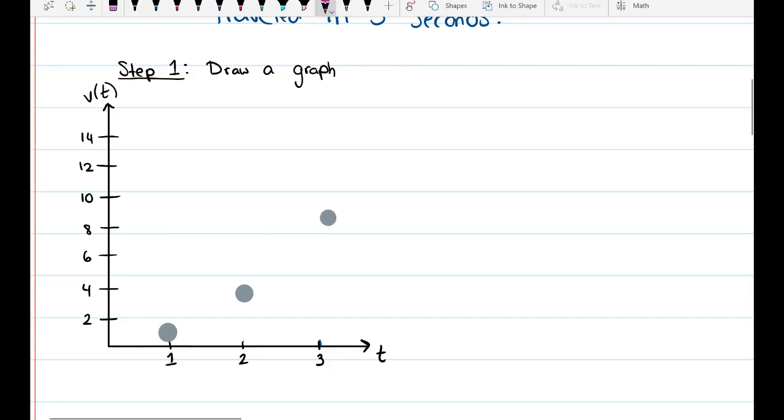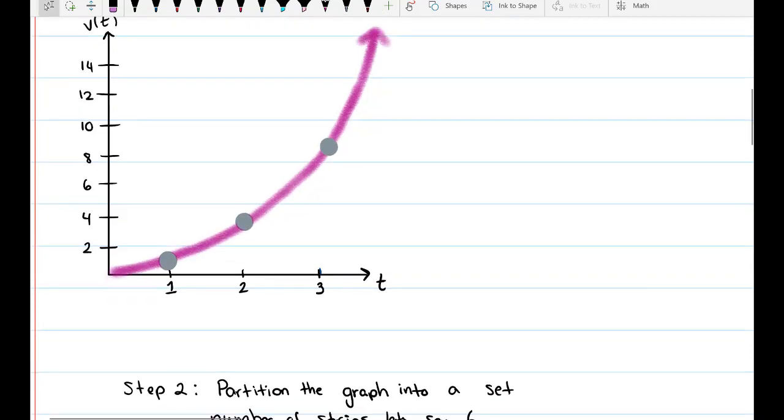So now we're going to sketch out that graph, and it looks something like that. So our starting point is 0 and our ending point is 3.